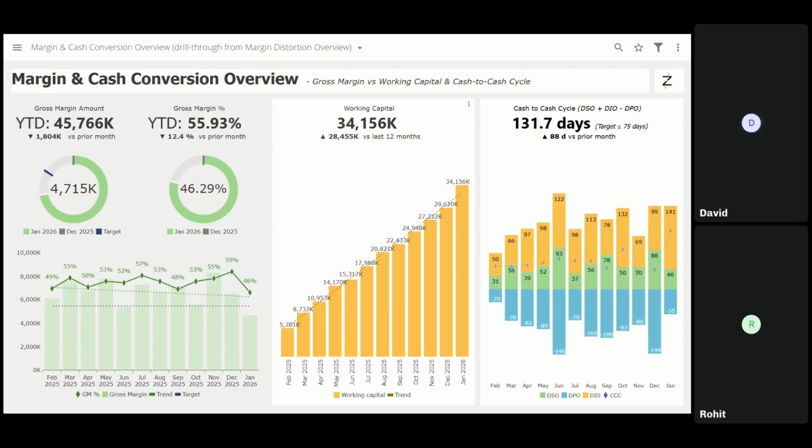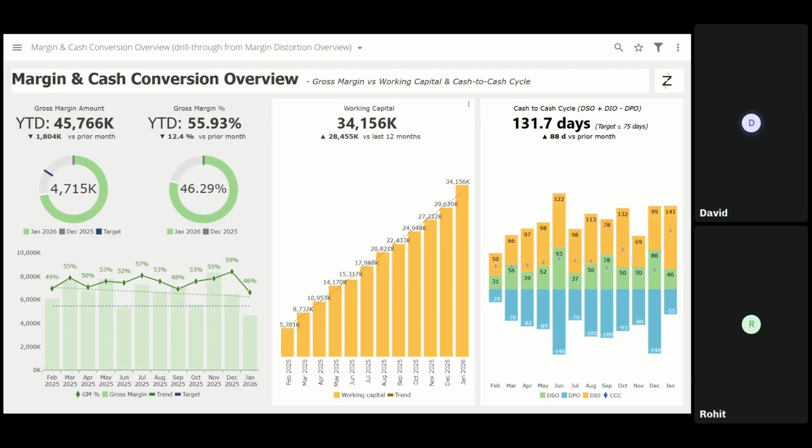Now, as a side note, an increase in the working capital isn't always bad because it can represent growth. It might be that we are selling more. It might be that we are getting more accounts receivables and more inventory naturally because we are selling more. So that can be a positive metric. However, it can also show a lot of inefficiencies.